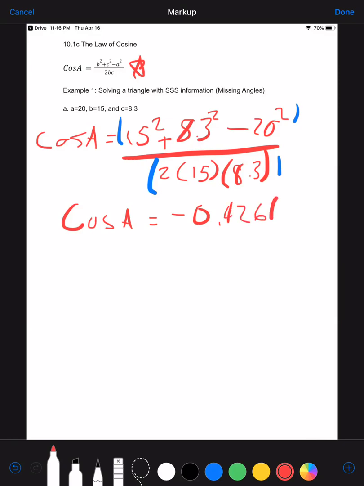Whenever you do this, guys, I want you to do the 4 digits after the decimal. It will just be better for your rounding, and it will get you closer to the right answer, okay?